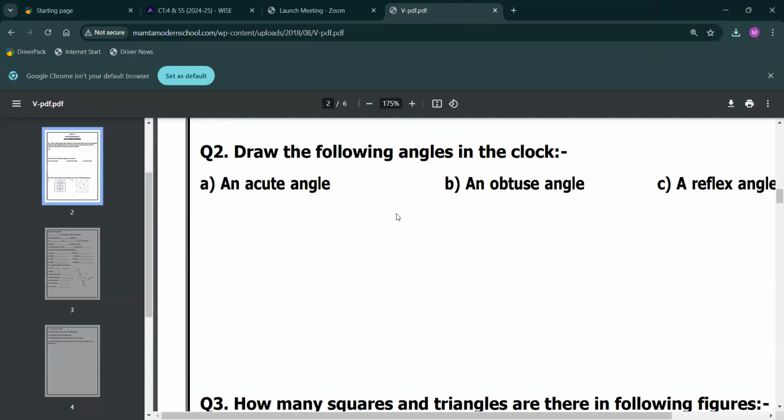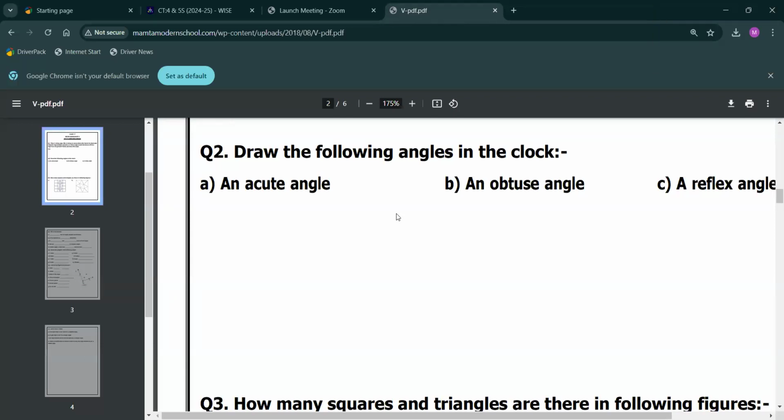Yes. Chiranjay, nowadays you are not focusing on your studies, right? Tell me how many times I have repeated this: what is an acute angle and what is an obtuse angle? This is not a good thing, beta.